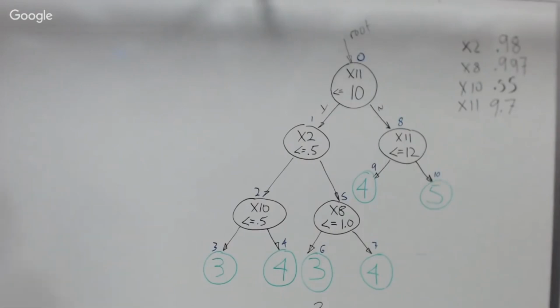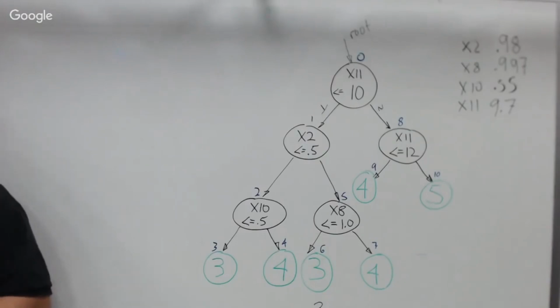The last topic I want to cover today on decision trees is a data structure that you can use to build and store your decision trees in. There are lots of different ways to do it.